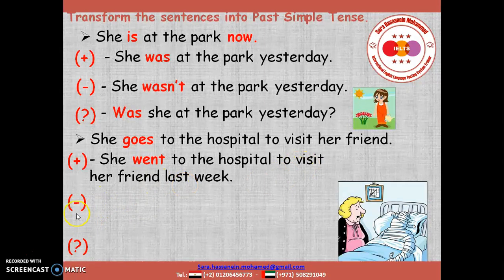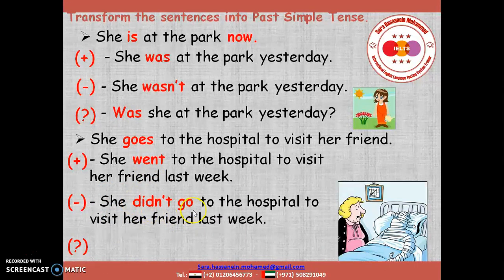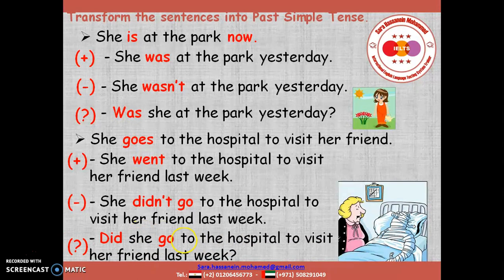And in order to form the negative form, simply add didn't plus the infinitive of the word went, which is go. She didn't go to the hospital to visit her friend last week. Then if you need to ask a question, you will say, did she go to the hospital to visit her friend last week?